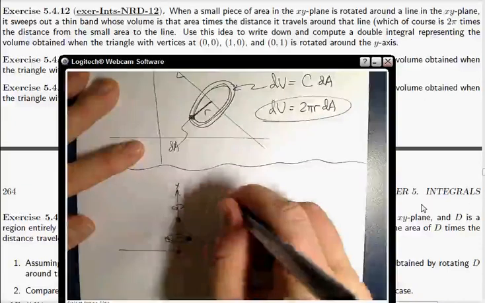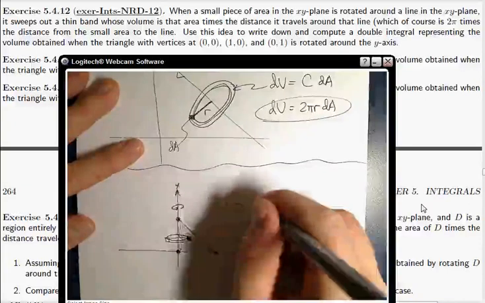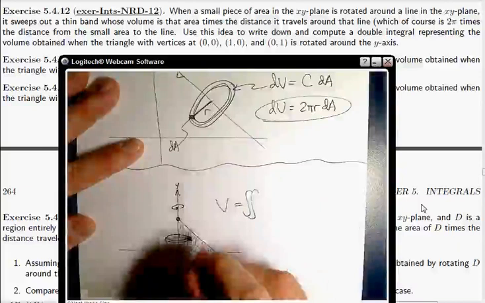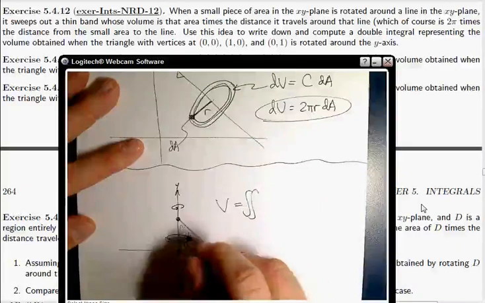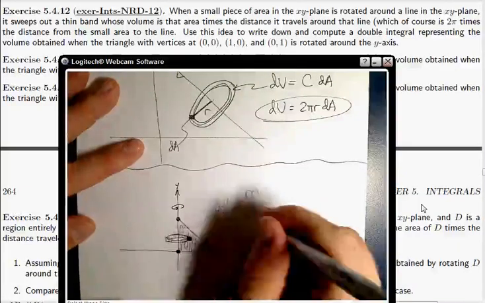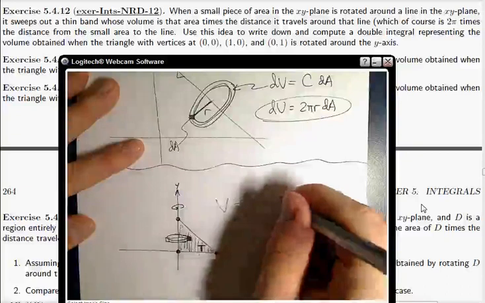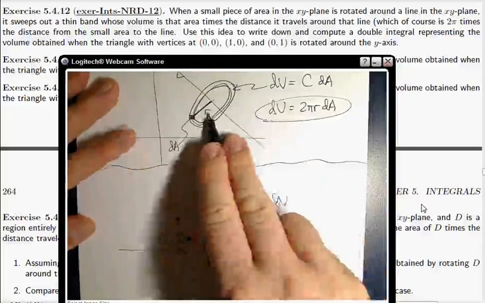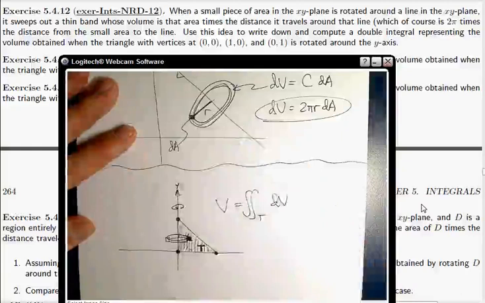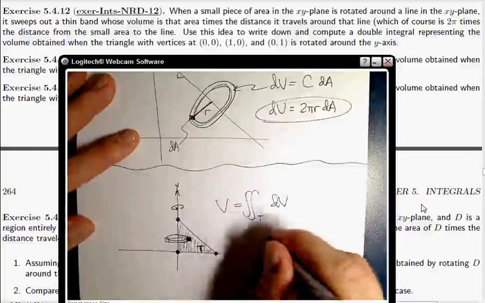In other words, the total volume is a sum where you're adding up over this whole triangle these rotated volumes.